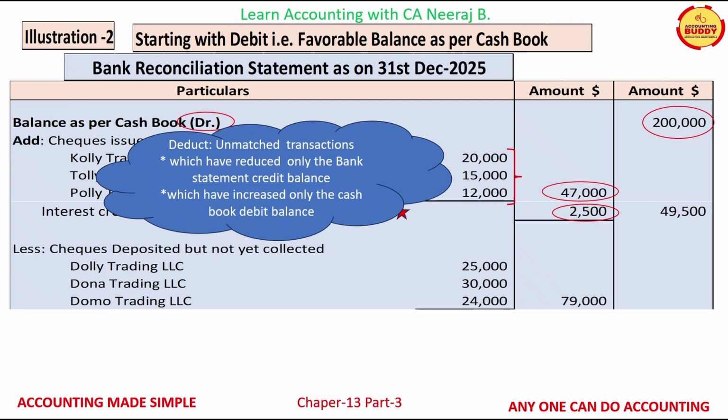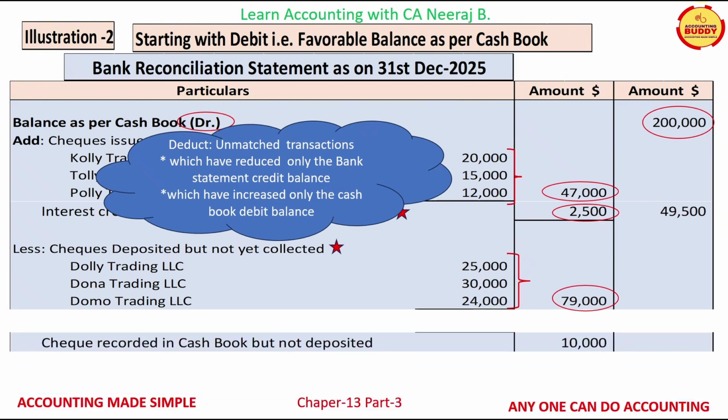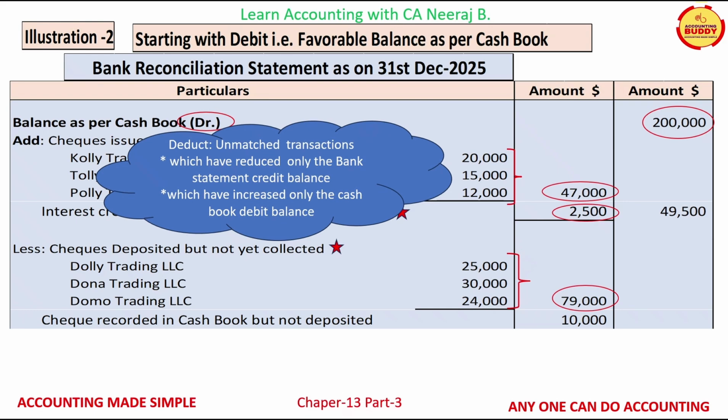These three checks deposited for $79,000 displayed on your screens will be deducted from the cash book balance. Checks recorded only in the cash book but not deposited in the bank, amounting to $10,000, will also be deducted from the cash book balance.